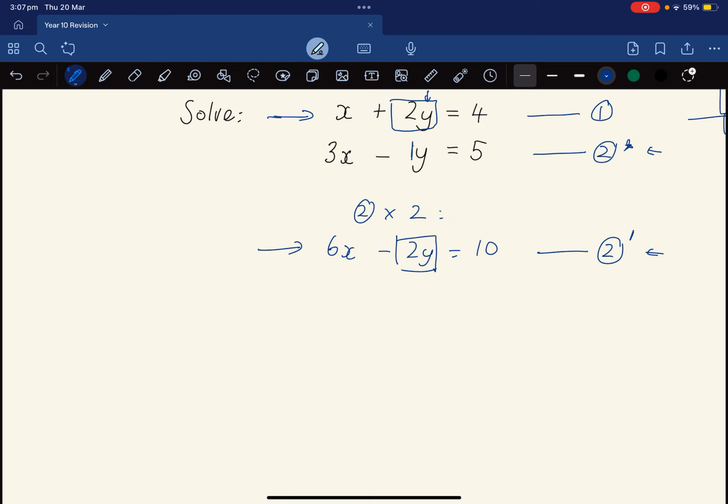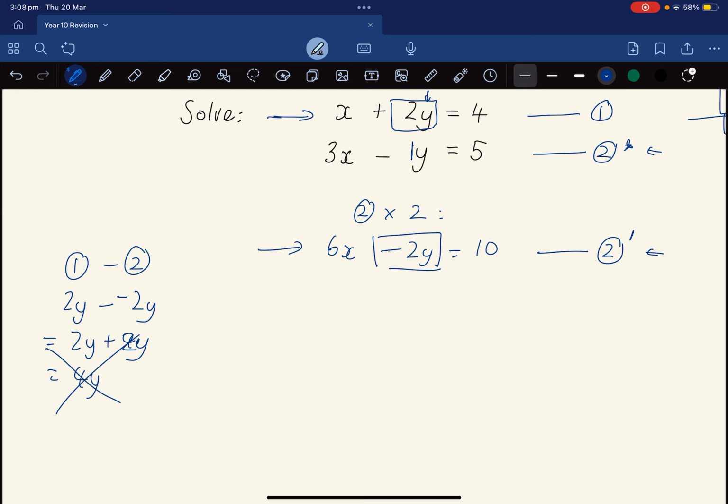And let's see what happens if I choose to subtract the equations. Let's test it out. If I said 1 take 2, it's going to be 2y take, don't forget that sign at the front, 2y take negative 2y, which is 2y plus 2y, which is 4y, which is not eliminating the y component.